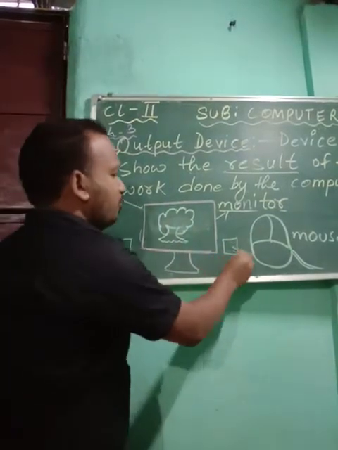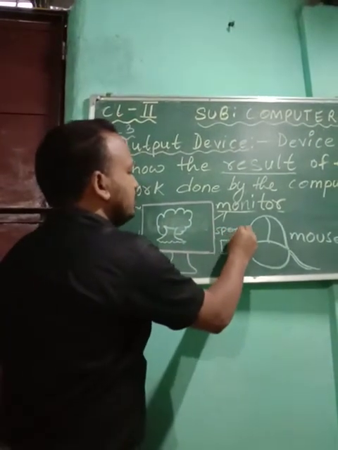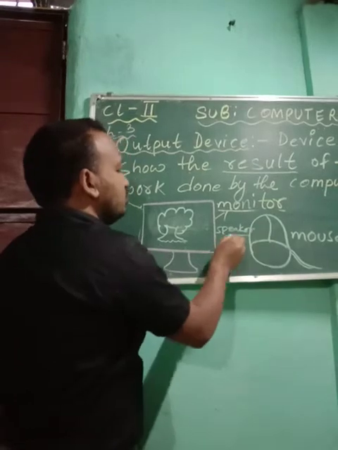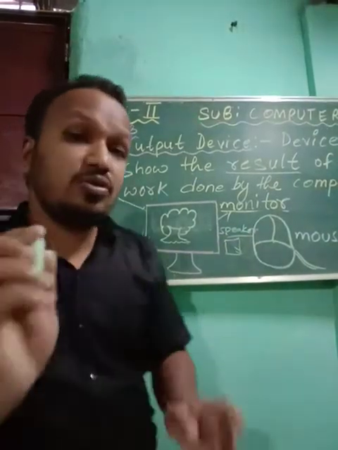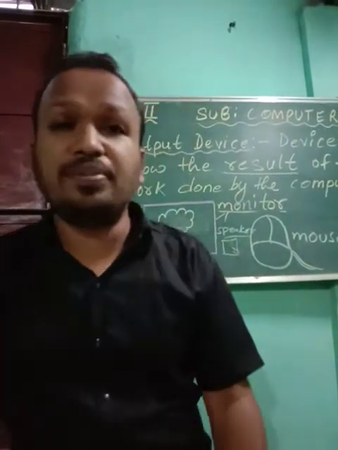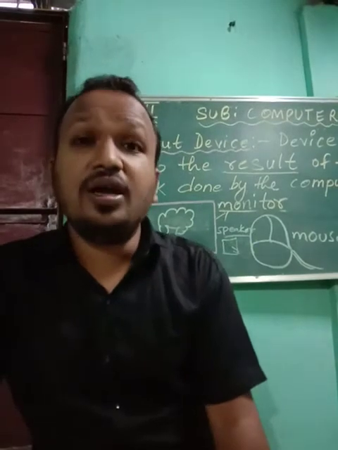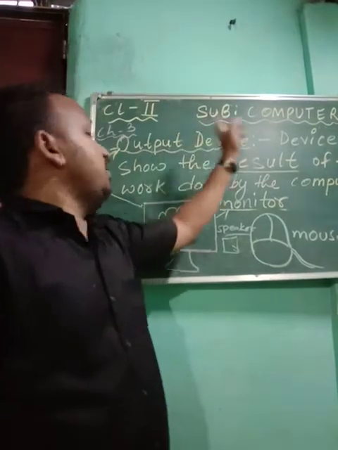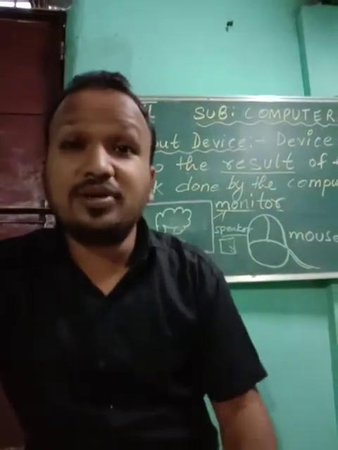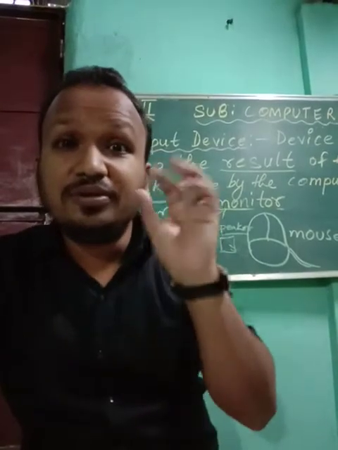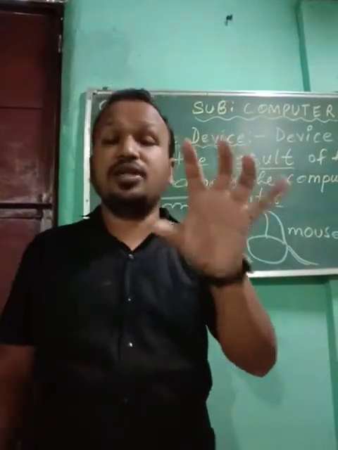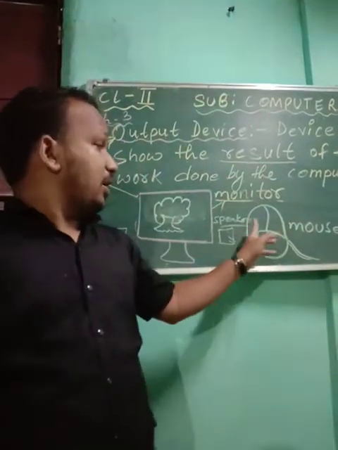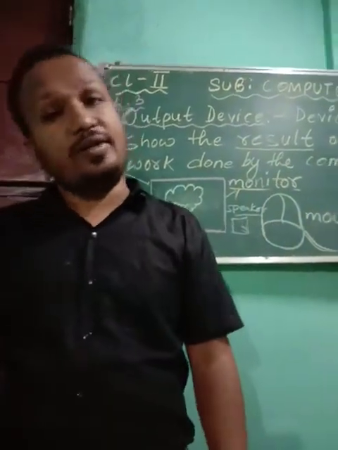The music will come from the speaker. So the speaker is also an example of an output device, because you are able to hear the sound and music from the speaker.